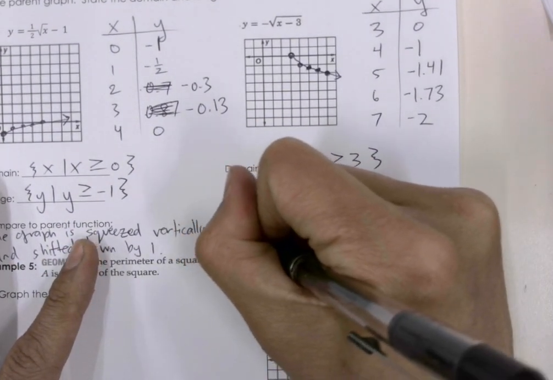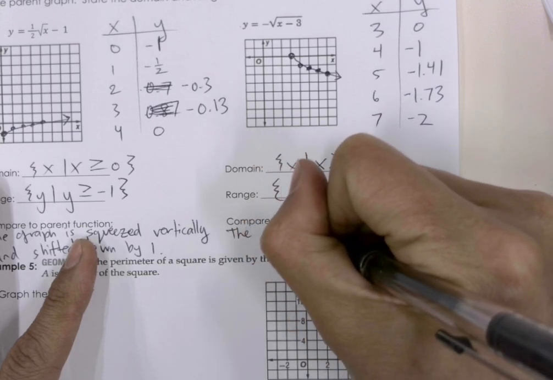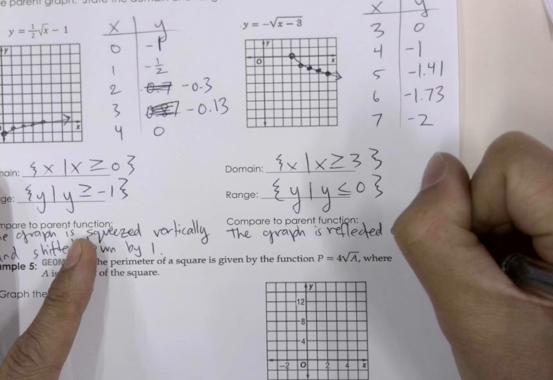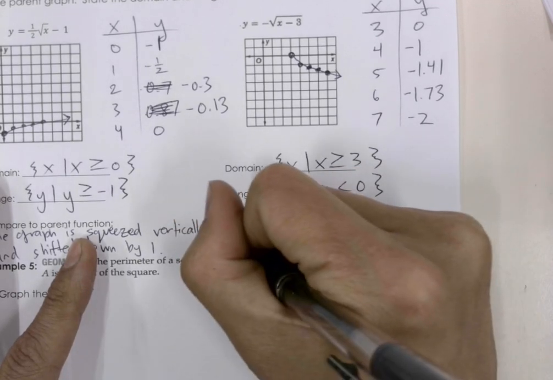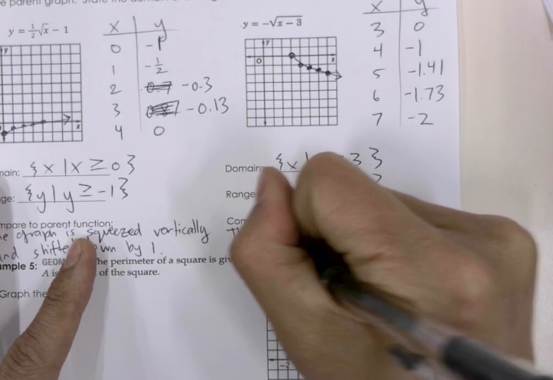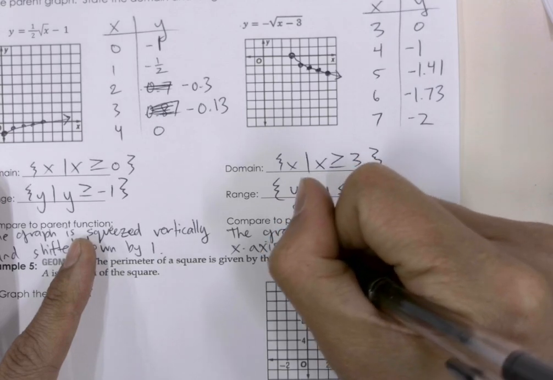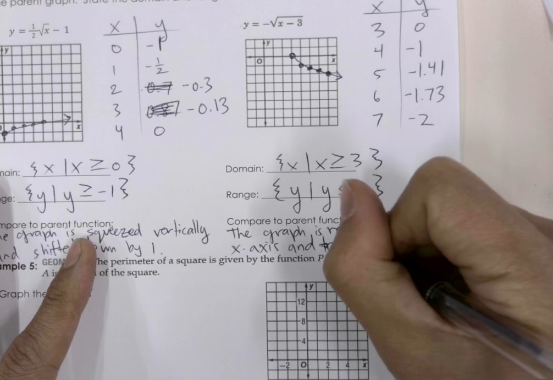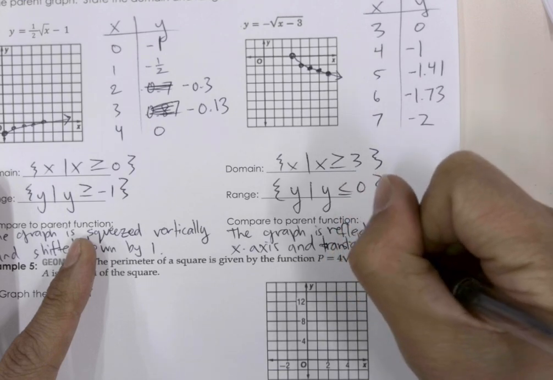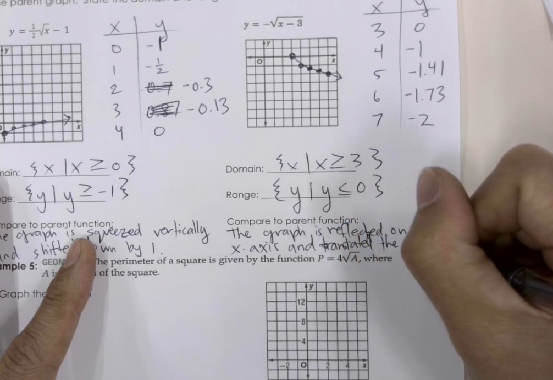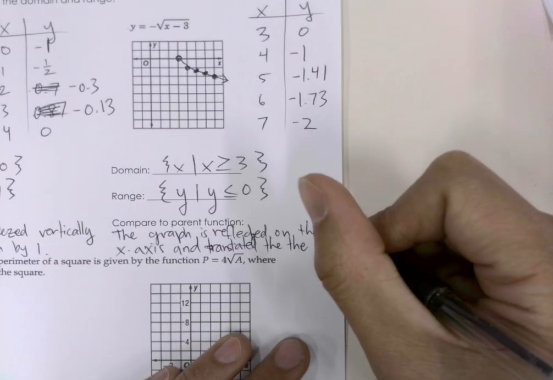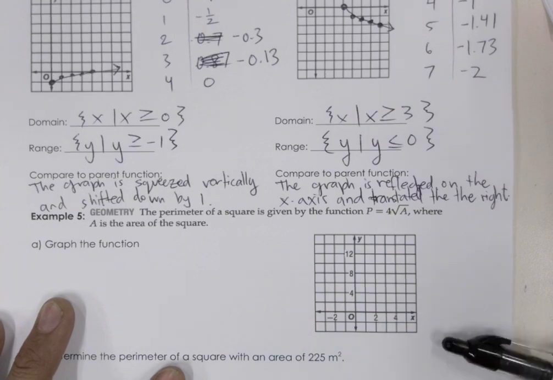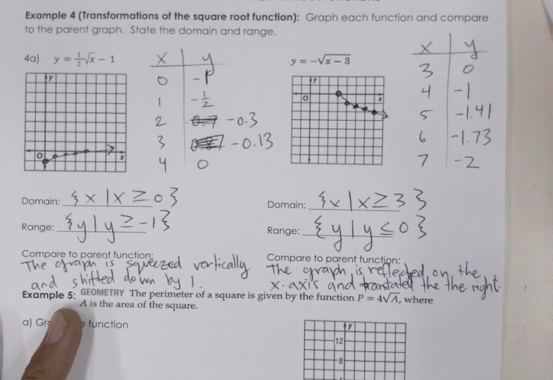Well, the graph is reflected on the x-axis and translated to the right. All right. So there we go.